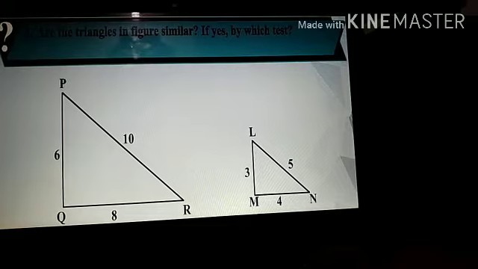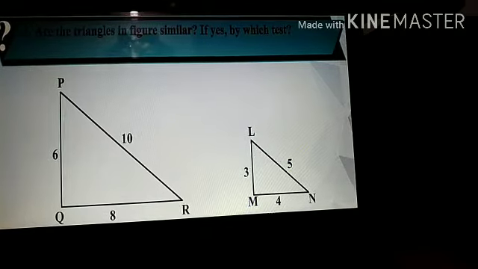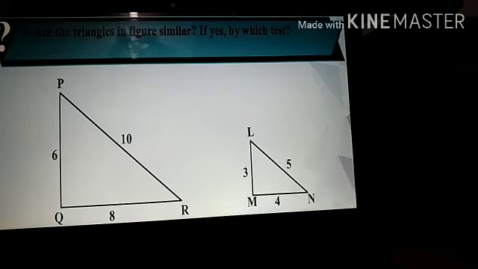Now our second sum is, we have two triangles given where the information is already given on the figure. We have to prove whether these two triangles are similar, and if they are similar, then by which test.